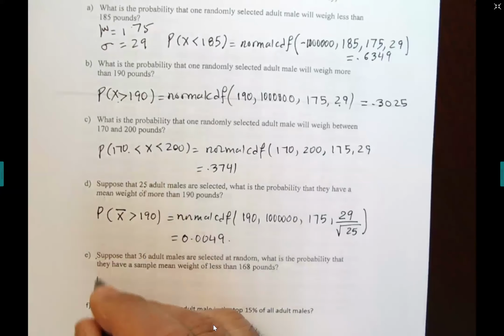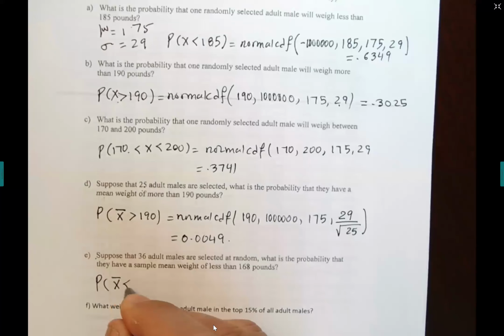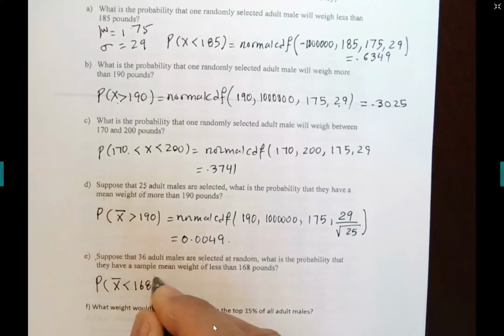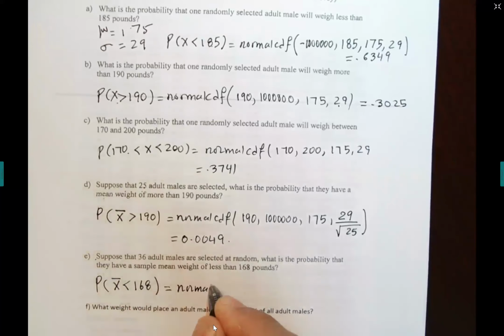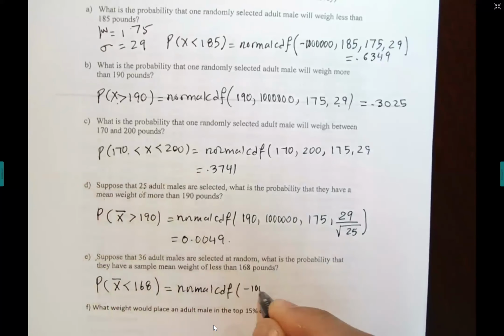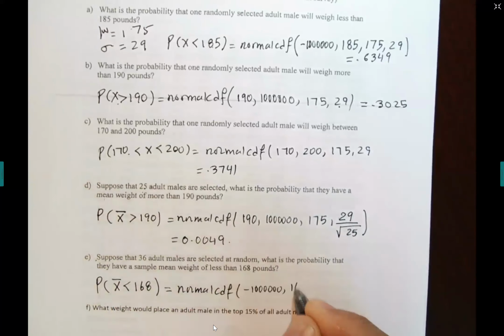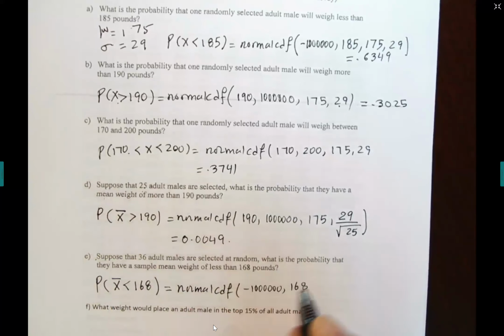Again, it's the same thing about X bar, which is normal CDF, negative a million, 168, and then the mean is 175.